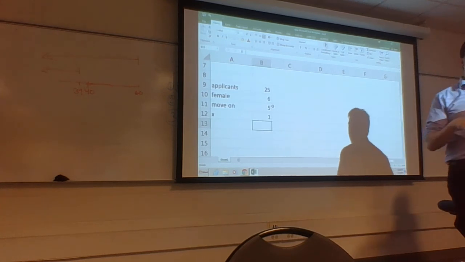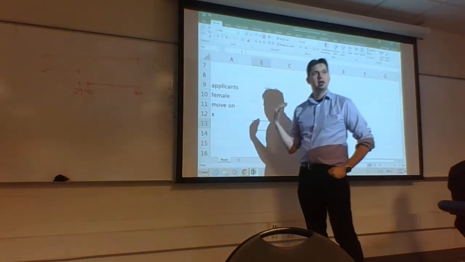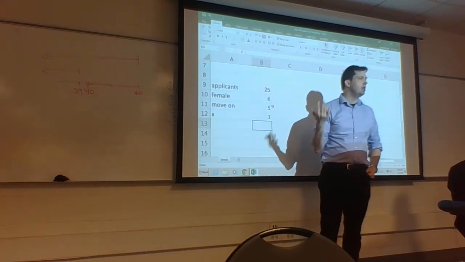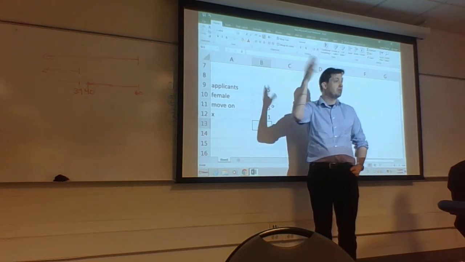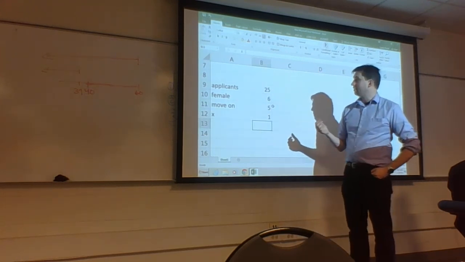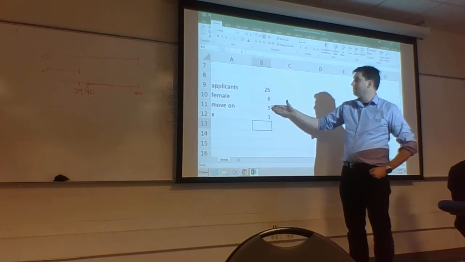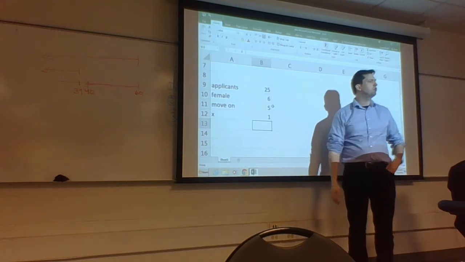And before I get too far into this, note, this could be used to identify instances of sexism. If maybe the HR department is sexist or the engineers reviewing the applications are sexist, and none of the females move on, or only one of them moves on, we can ask what would be the chance of that happening just by random chance.